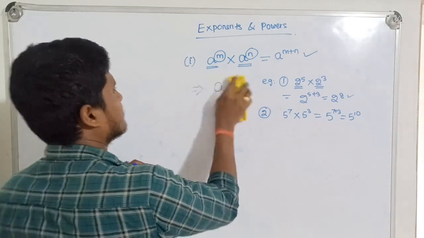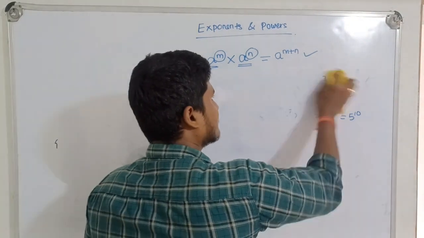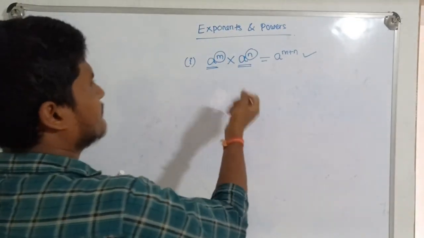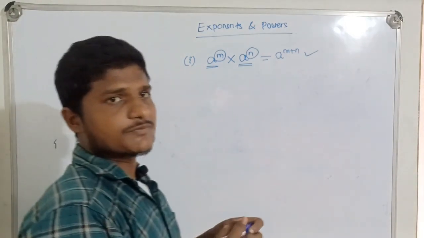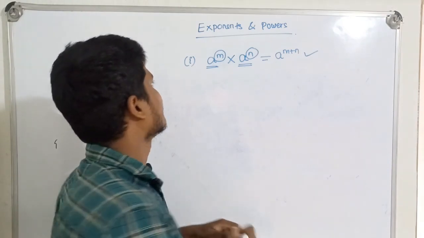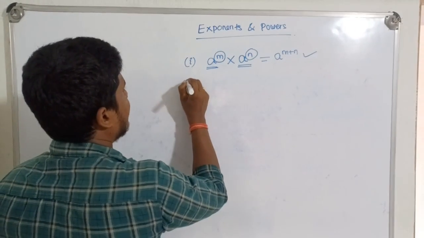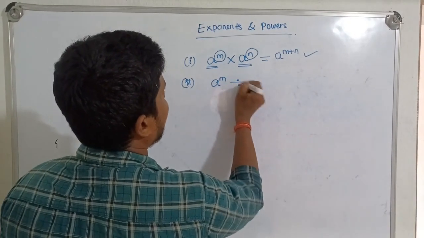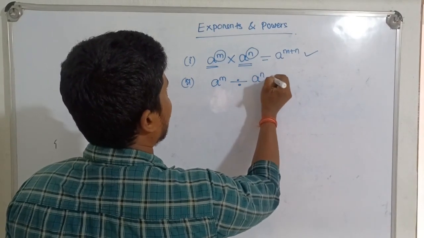We are moving to the next formula. Look at this, my dear students. I write down another formula, and we can also prove this formula. Now the formula is a to the power m divided by a to the power n.